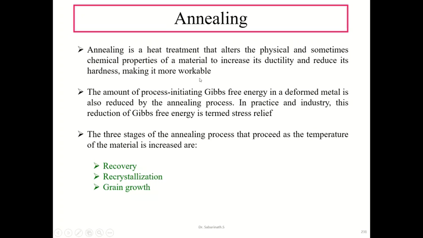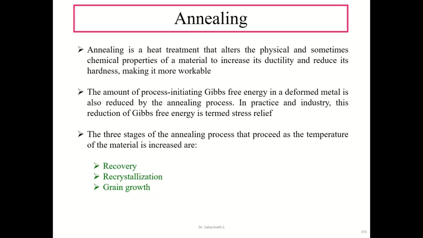So the ductility is increased and the hardness is decreased, and the material becomes more workable. The workability of the material is increased by increasing the ductility and in turn reducing the hardness of the material.